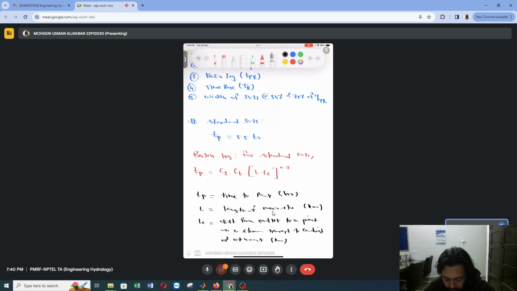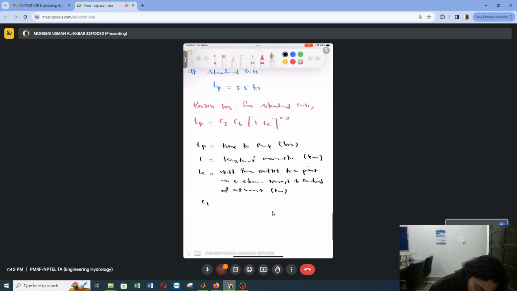And C1 and Ct are constants, right? So C1 is a coefficient whose value is approximately 0.72, and Ct is a coefficient to be calibrated using data from some nearby catchment.